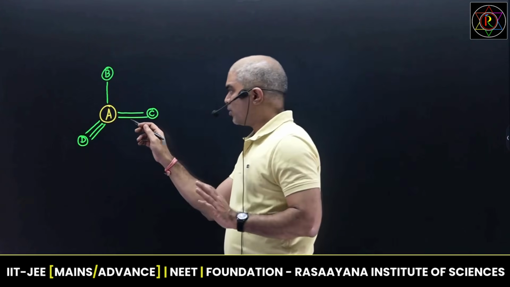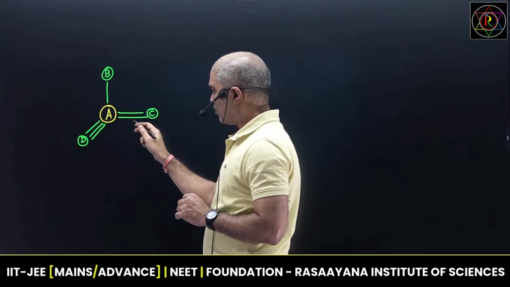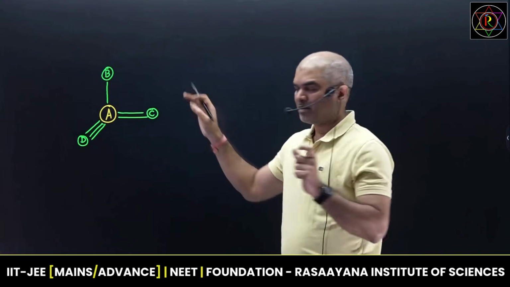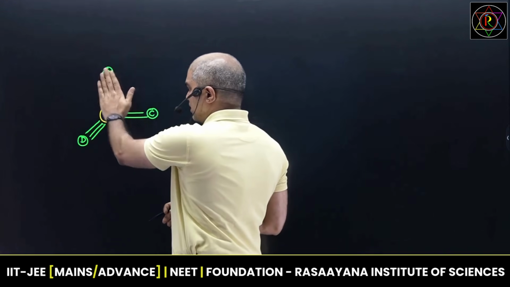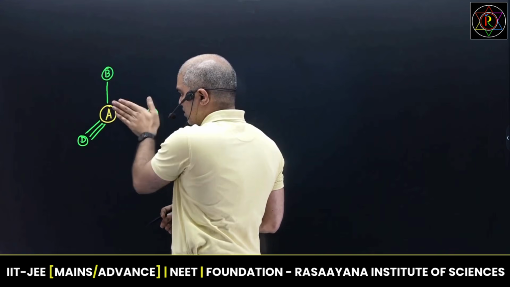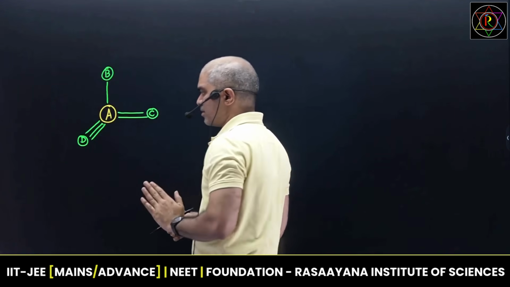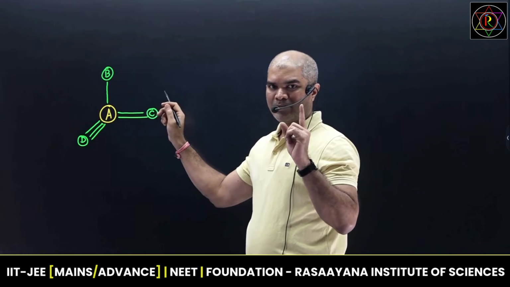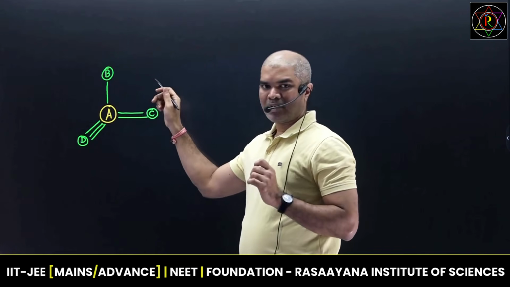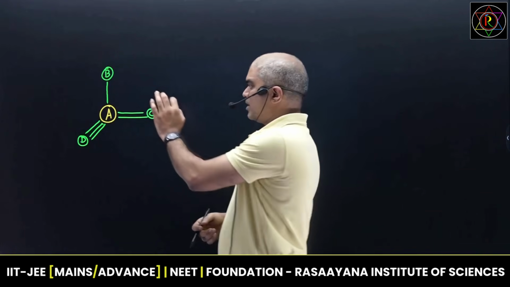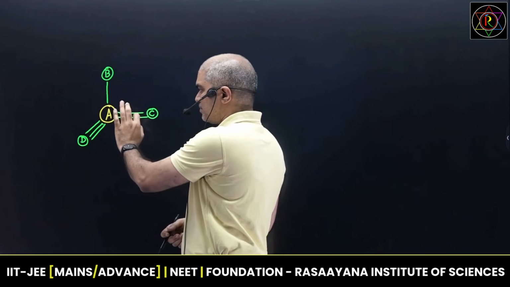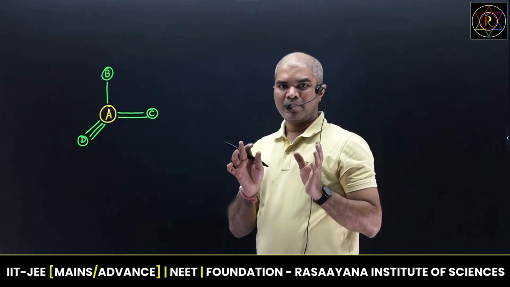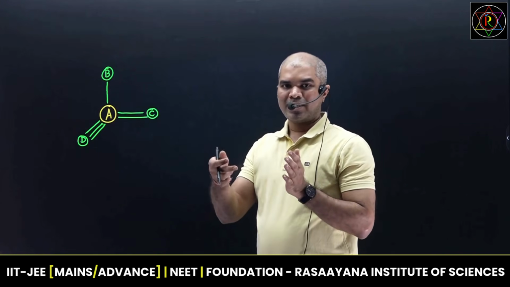So in this hypothetical molecule, here I have given a single bond, a double bond and a triple bond. A single bond is occupying one space. This is the space it is occupying. A double bond is also occupying some space, and a triple bond is also occupying some space. So each of them is counted as one space or one domain. This we refer to as the steric number. For example, what is the steric number of the central atom A? The steric number is nothing but the number of domains, the number of spaces present around the central atom.